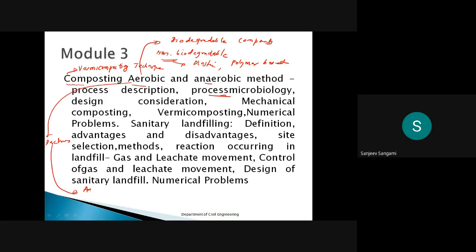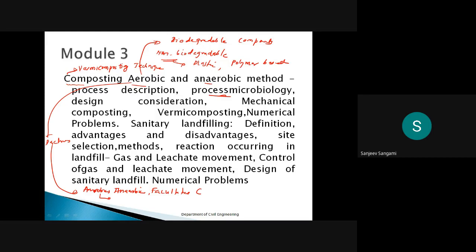Aerobic, anaerobic, and then facultative. Aerobic bacteria survive in the presence of oxygen. Anaerobic bacteria survive in the absence of oxygen. Facultative bacteria survive in presence as well as absence.